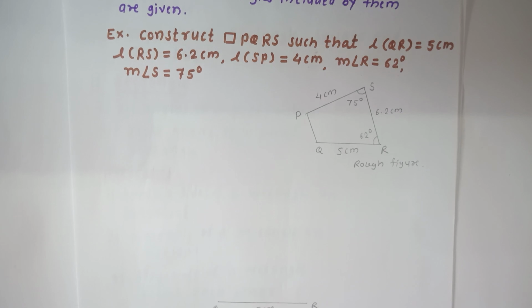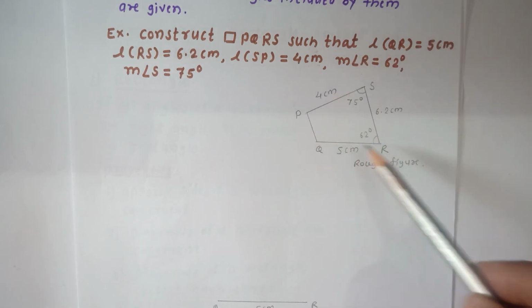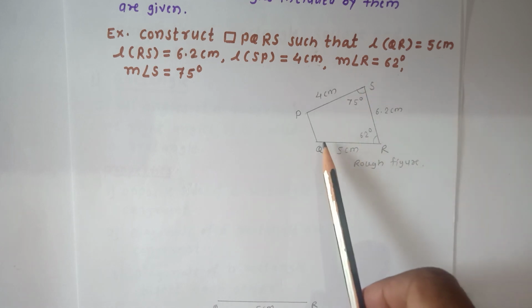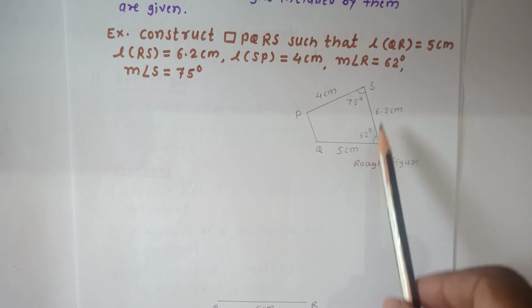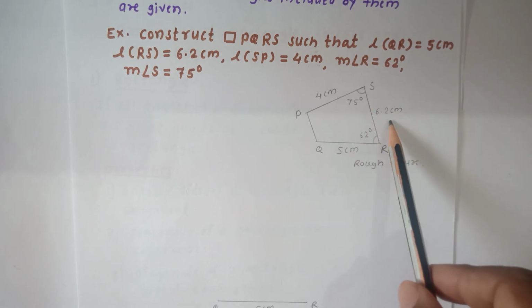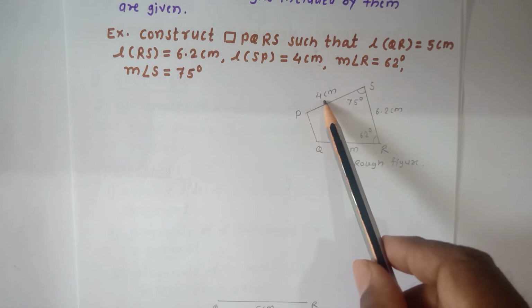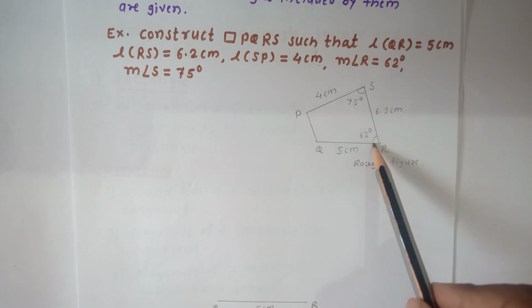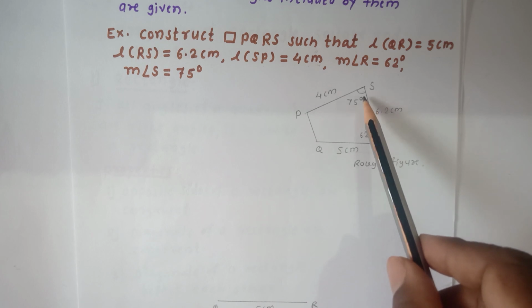Now let's see. In quadrilateral PQRS we have given length of QR 5 cm, length of RS 6.2 cm, length of SP 4 cm, angle R 62 degree and measure of angle S 75 degree.